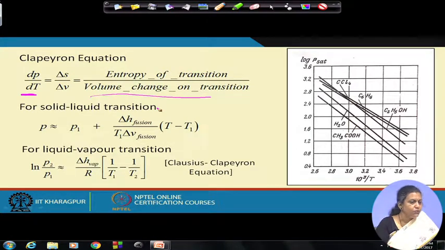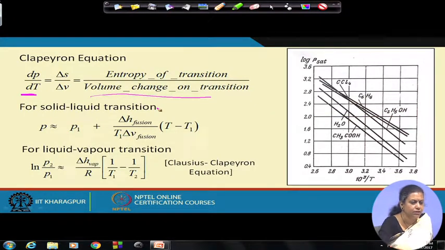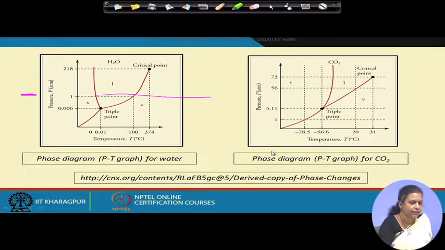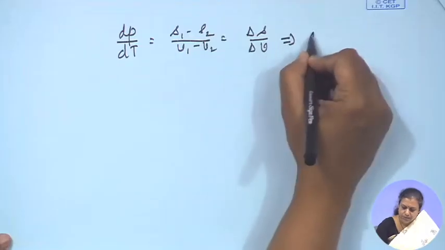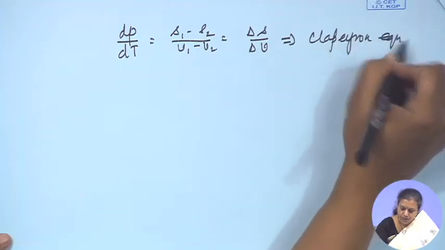So if we observe the slope of the PT curves, which I had shown in the last class if you recollect, the slope of the PT curves can be obtained from that particular equation, which is commonly known as the Clapeyron equation.